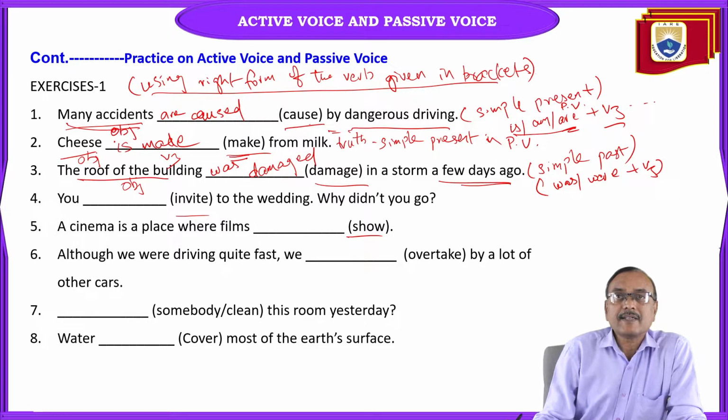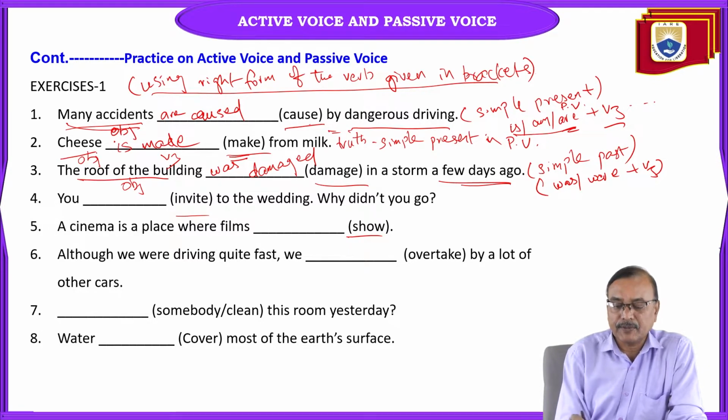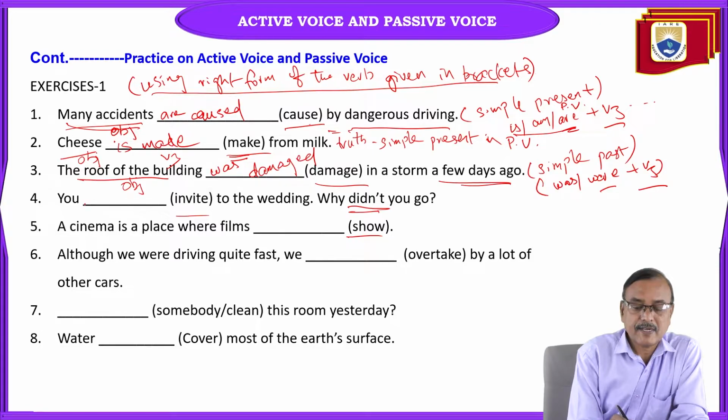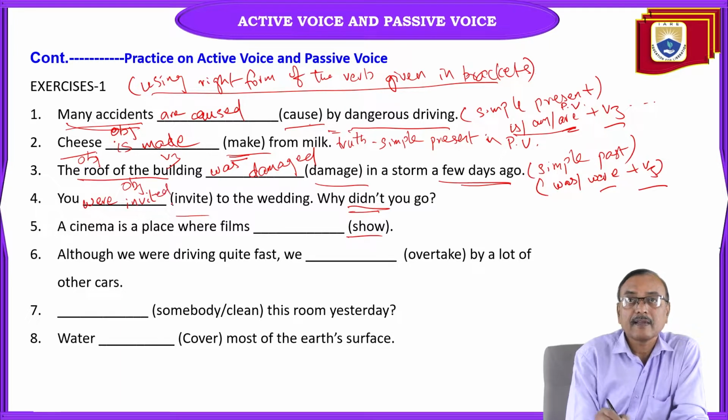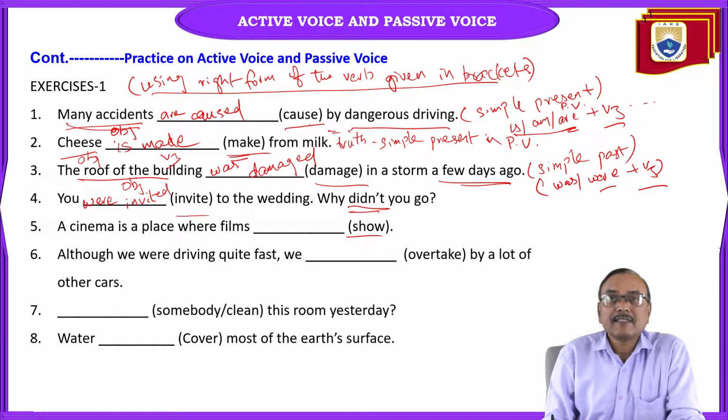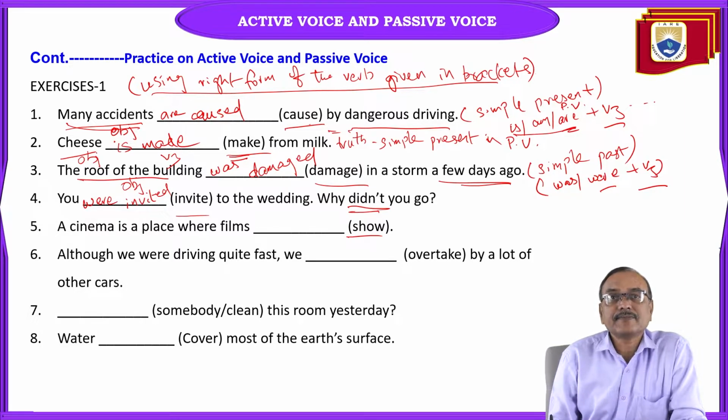You dash invite to the wedding. Why didn't you go? Past. In past, here, you were invited. Were plus V3 form. In past tense, you were invited to the wedding. They invited you, you were invited. Why didn't you go?